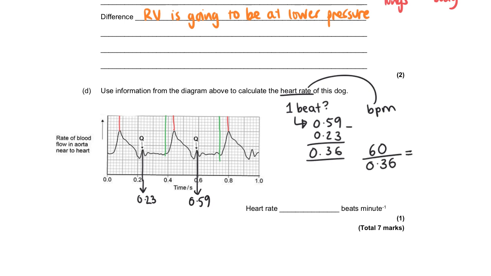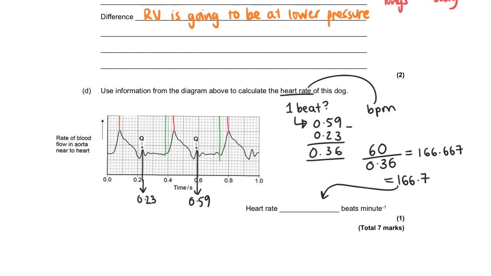And if I put that in a calculator, that gives me an answer of 166.667 beats per minute. I'm not going to write all of that, so I'm going to change it to 166.7 beats per minute. That's much more reasonable and much more likely to fit in that graph.